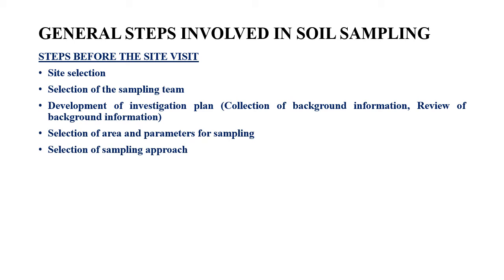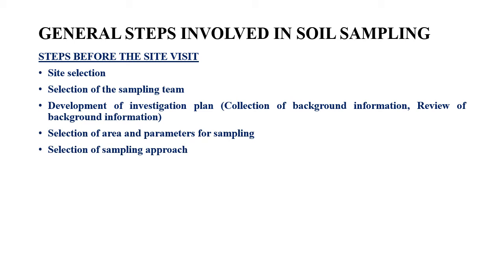Geophysical methods obviously help in identifying any buried objects or any buried waste below your ground surface. Also, they help in identifying the soil stratification existing below the ground surface. Okay, so with the analytical screening methods and geophysical methods combined, we will be able to narrow down on the area of contamination.